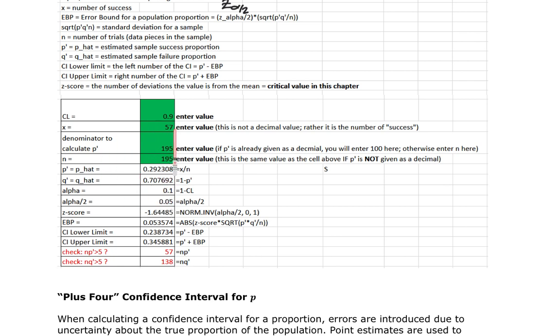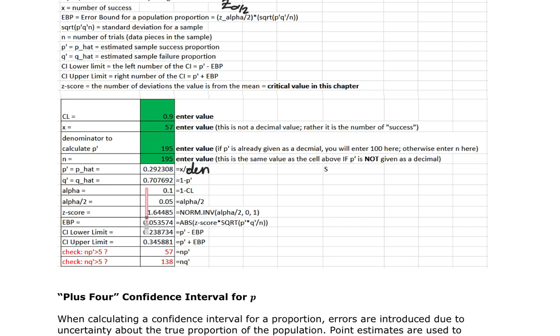If they give this to me as a percent, say 57%, and they tell me it's 195 people, then I would put 57, and put 100 right here, and that will calculate x divided by my denominator, which doesn't actually take into account this n. So really what that is, is x divided by the denominator, to make sure that I get the right percentage.